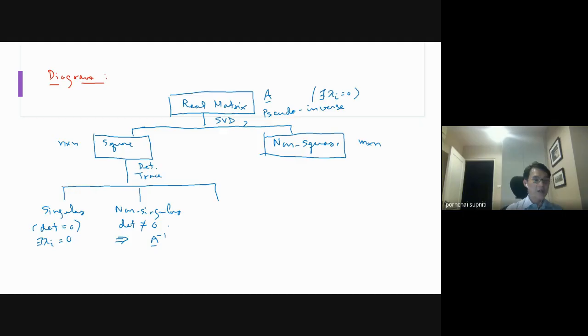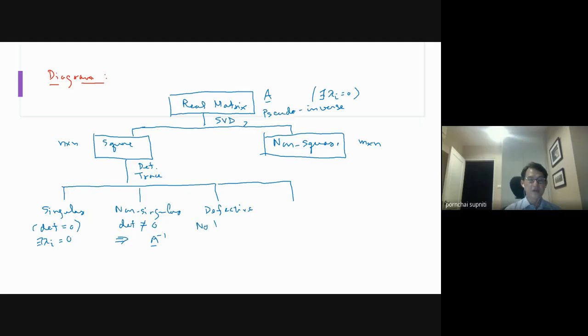We can also look at other types as well. If we cannot find independent eigenvectors for some lambdas, then we call this defective.